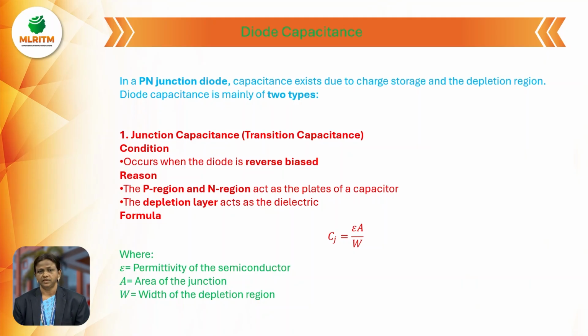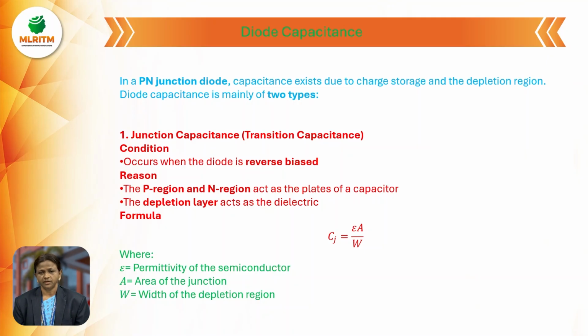Due to these excess charge carriers in the depletion region, some charge is developed. The charge is, suppose, denoted as dq. As the VF value increases, the charge developed in this depletion region also increases. As the applied voltage value increases, the charge developed in this depletion region also increases.